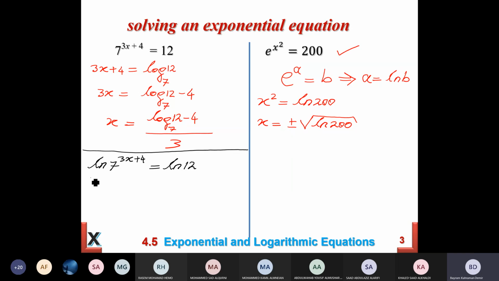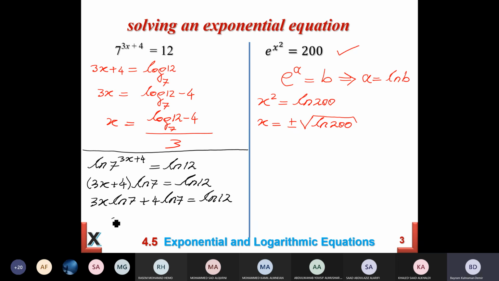So we have, Shabab, 3x plus 4 times ln 7 is equal to ln 12. And the same thing here: 3x ln 7 plus 4 ln 7 is equal to ln 12.